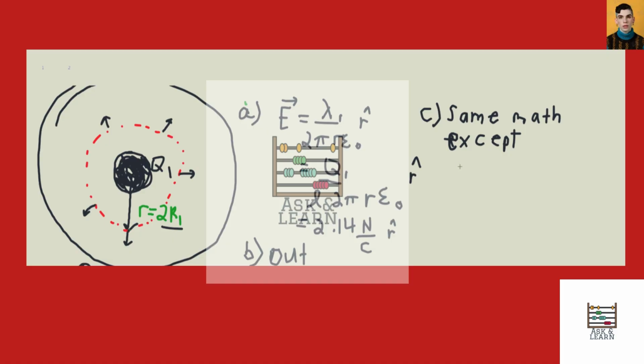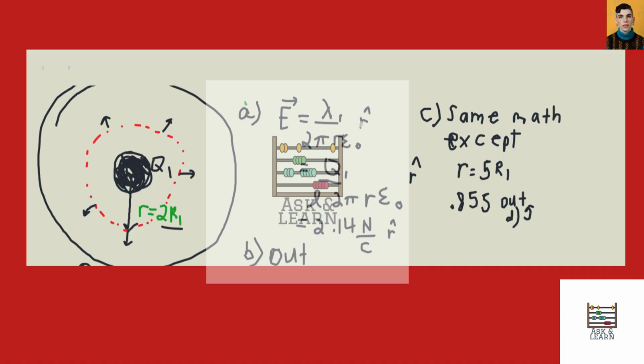Okay. Except R is equal to 5R1. So when I plugged that in, it reduced the answer a bit to 0.855, and then still outward, until that's D, because it's in the positive R hat direction.